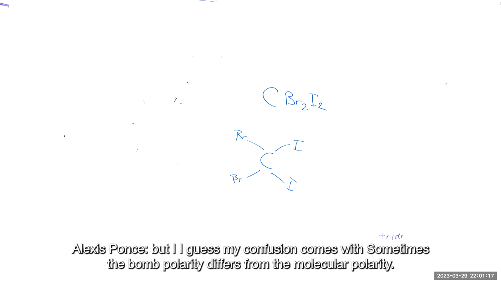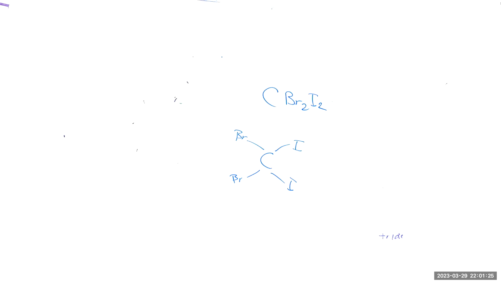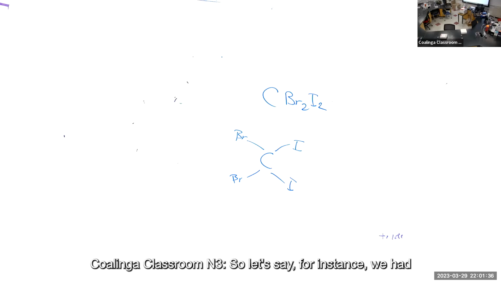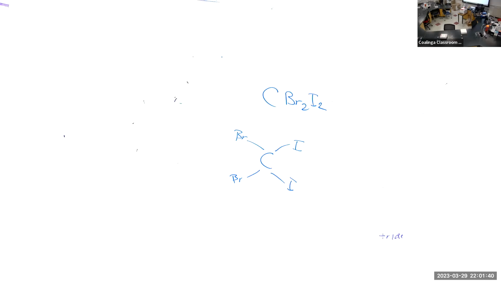But my confusion comes from the fact that sometimes the bond polarity differs from the molecular polarity. There's no confusion. You look at the bond polarity individually, but you look at the molecule as a whole. So let's say, for instance, we had fluorine here.